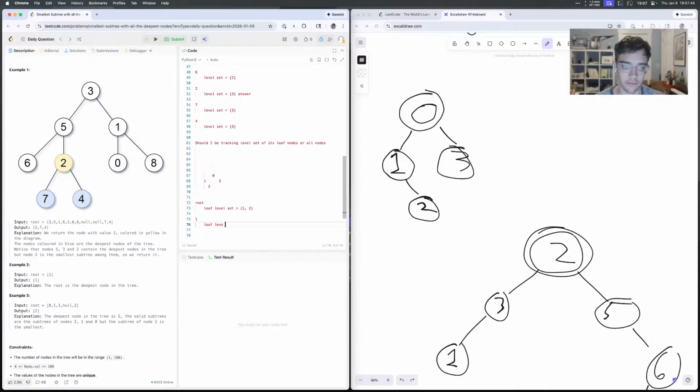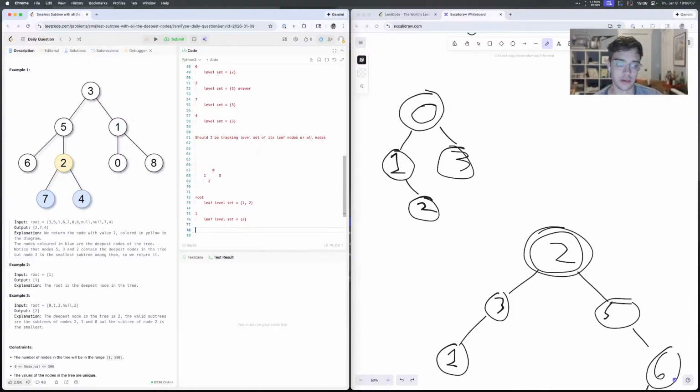Oh, it's not just leaves, right? Because this 1 isn't the right answer, right? No. Hmm. Yeah, what am I missing here?